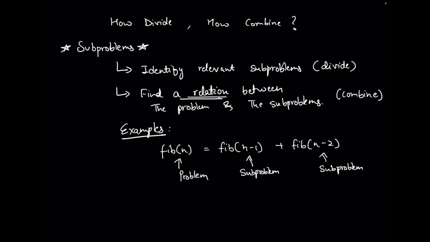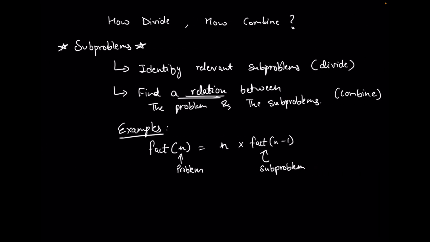And in the combine step, you just need to add these two values to get fib of n, right? So once you have this relation, it's easy to identify your relevant subproblems, which is fib n minus 1 and fib n minus 2 in this case, and it's also easy to know how to combine them. So the main crux of developing a recursive algorithm is finding a relation between the problem and the subproblems, right?